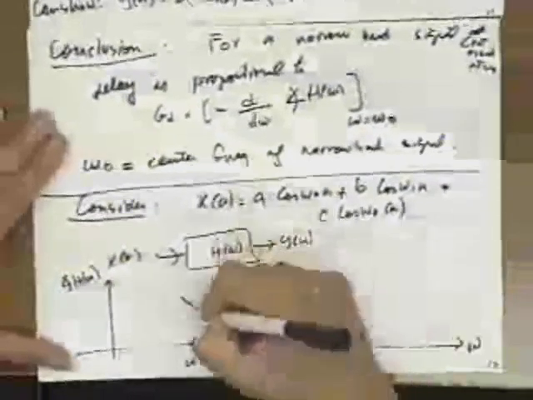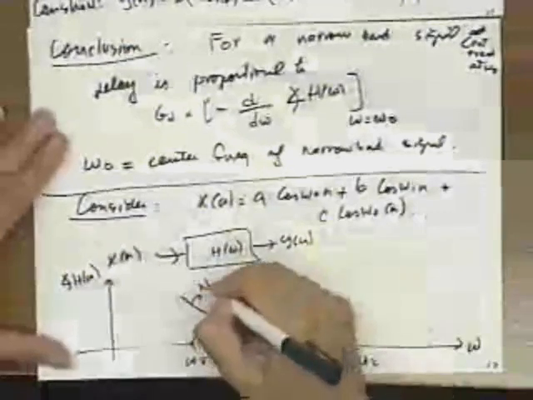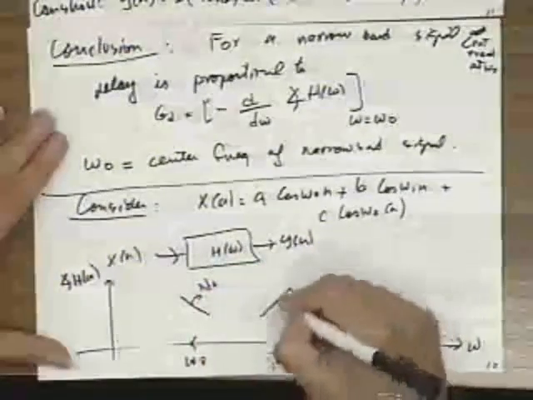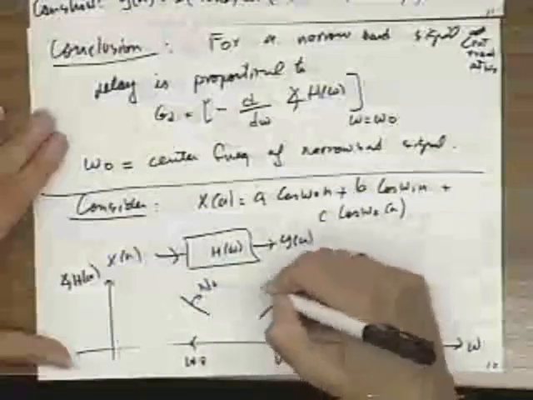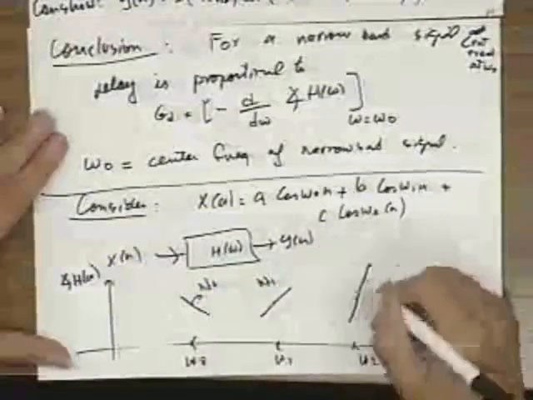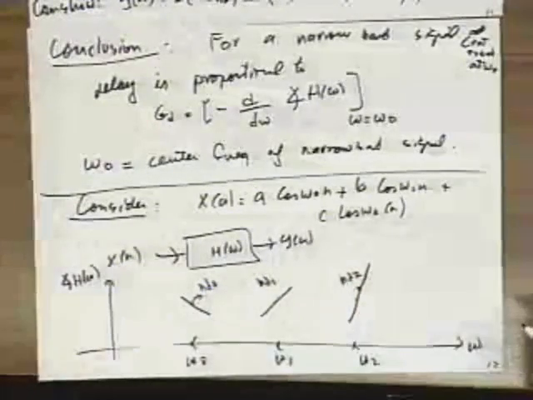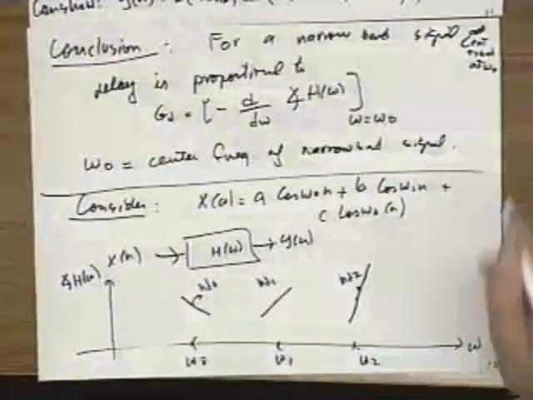And suppose as a function of omega, H of omega at three different frequencies does three different things. At omega naught, it can be approximated with a linear line with slope of n d naught. At omega 1, it has a slope that can be approximated with n d1, and at omega 2, it has an even steeper slope that can be approximated with n d2.